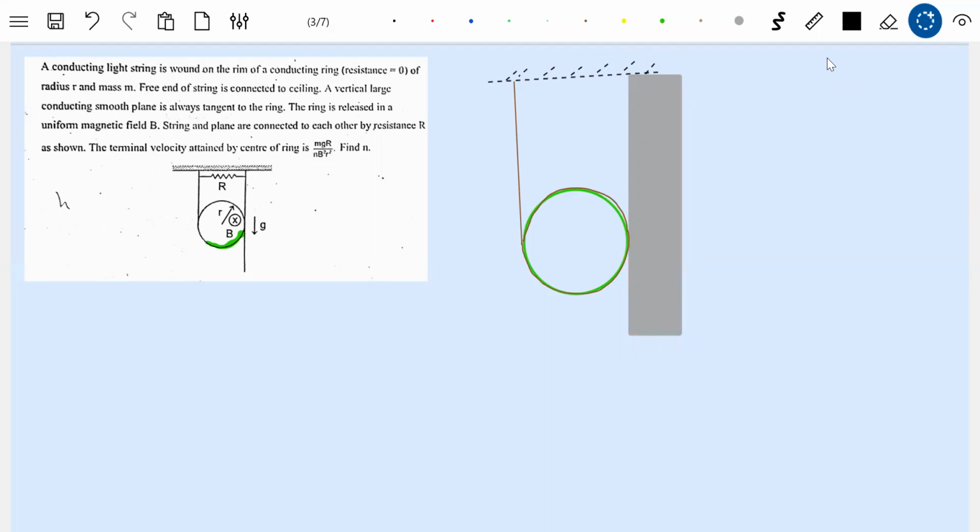Everywhere the magnetic field is present, and there is also a conducting plane. So overall the structure is of this kind.